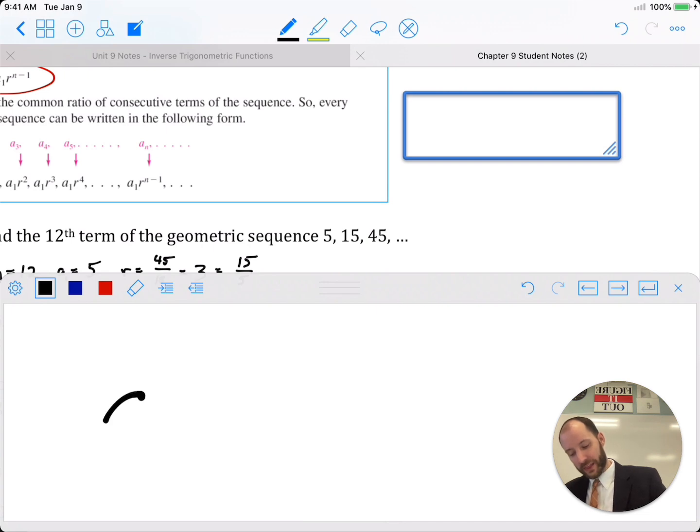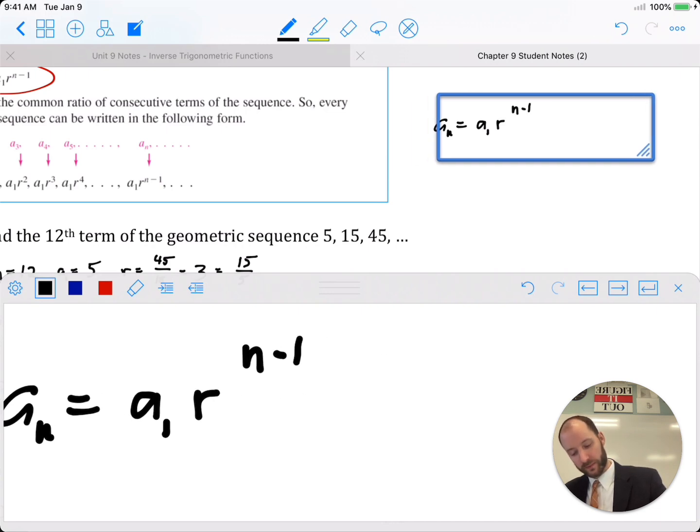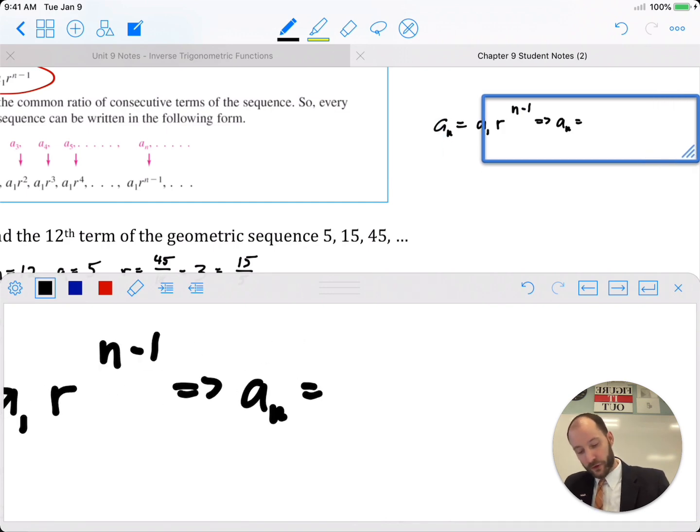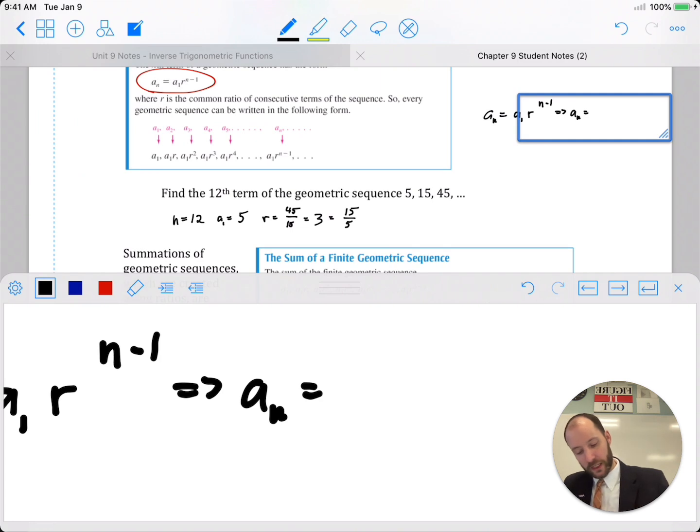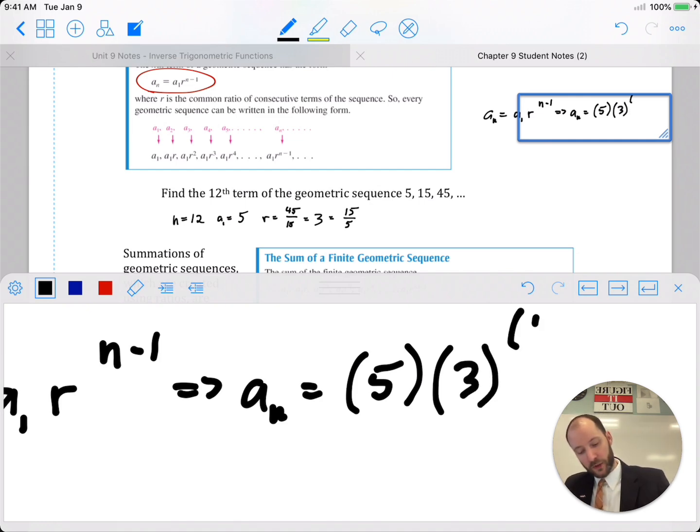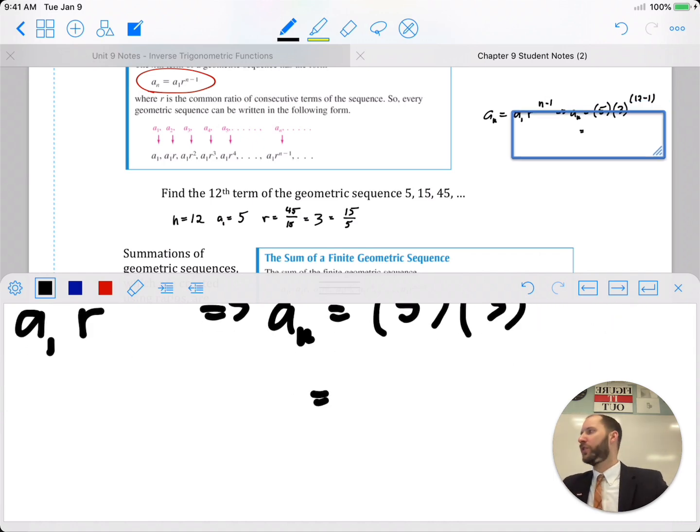So our nth term of a geometric sequence is a sub 1 times r to the power n minus 1. Now let's plug in everything we know. Our first term, let's zoom out a little, is 5. Our common ratio is 3, to the power 12 minus 1, more commonly known as 11. Then you get hold of this wonderful thing called a calculator.